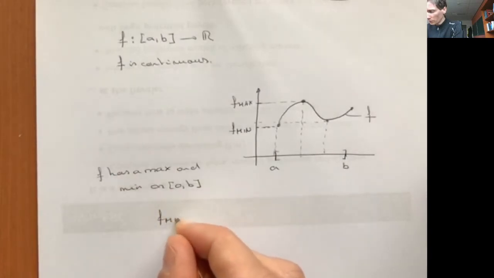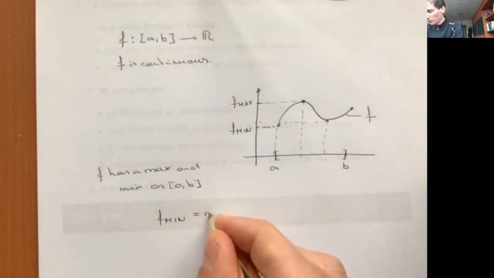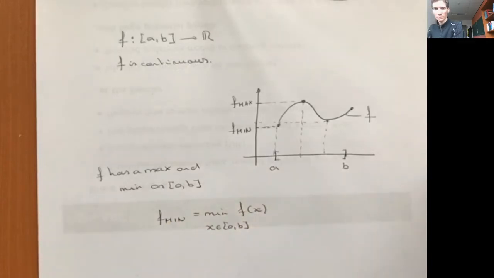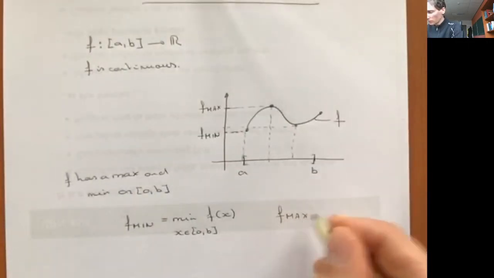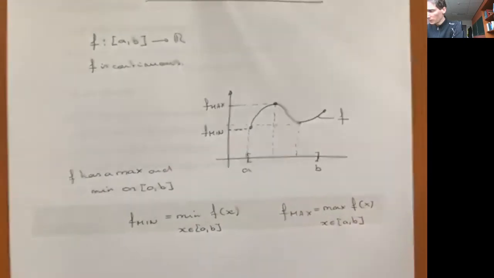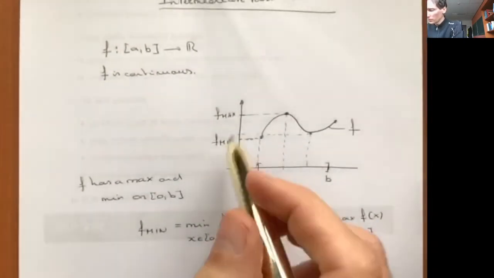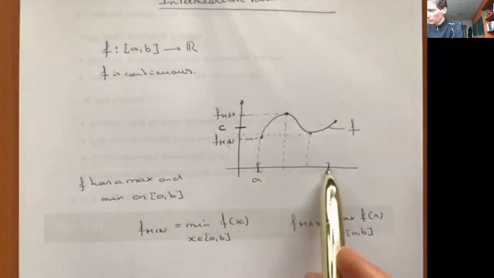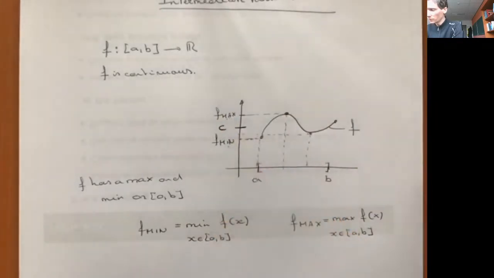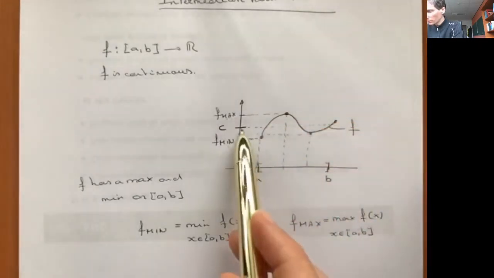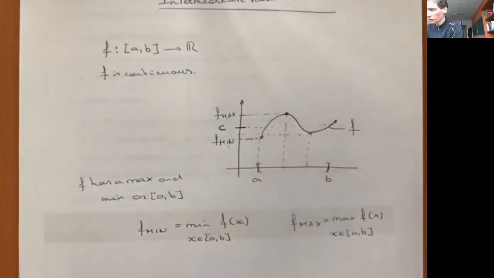Well, if you take f min to be the minimum over all elements in the domain of f(x), and we can take the maximum of f(x) over all x in [a, b], then the intermediate value theorem tells you that for any value between these two numbers, let's call this for example C, you should be able to find a value between A and B such that f of this value is equal to C. In other words, at some point this line here should cross the function f.